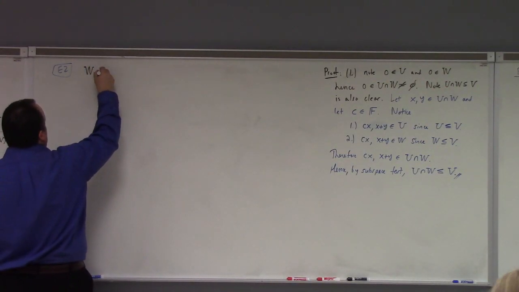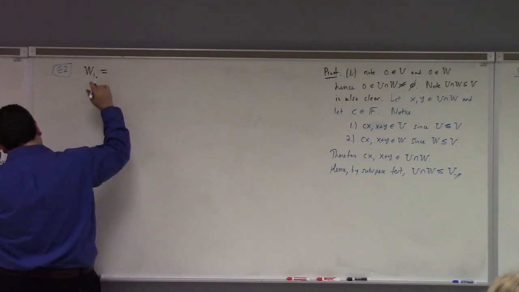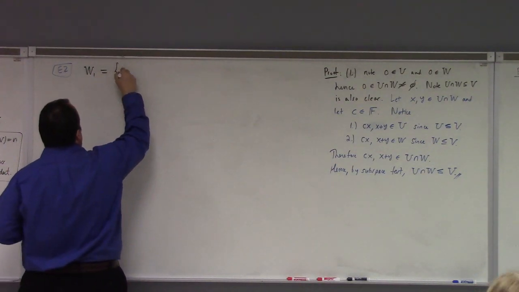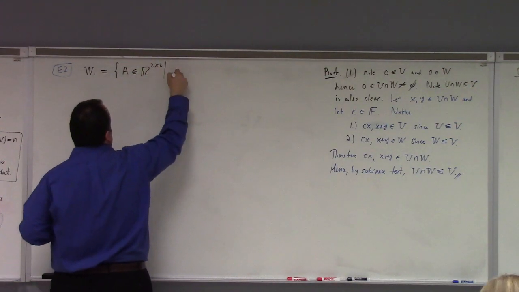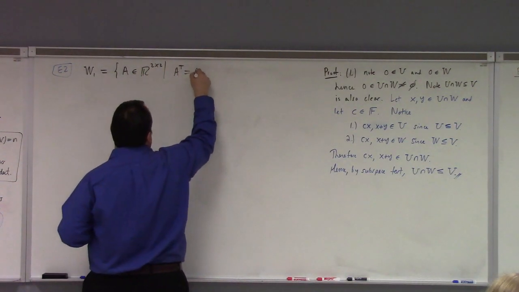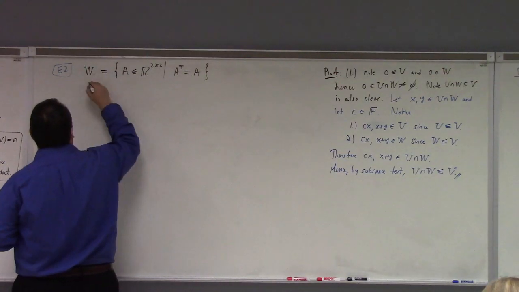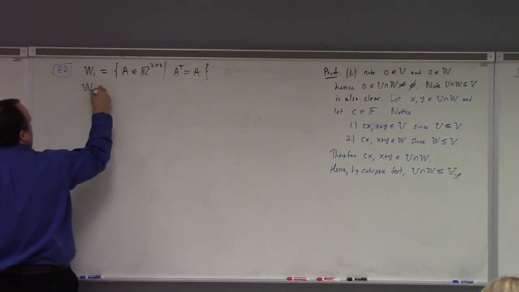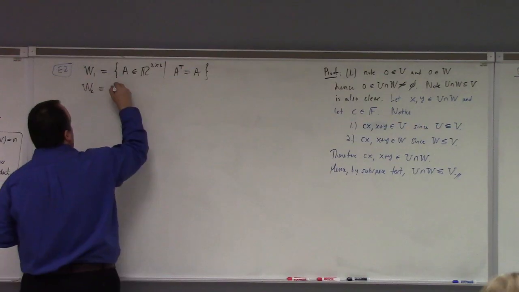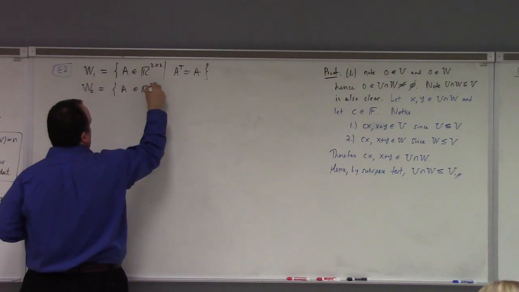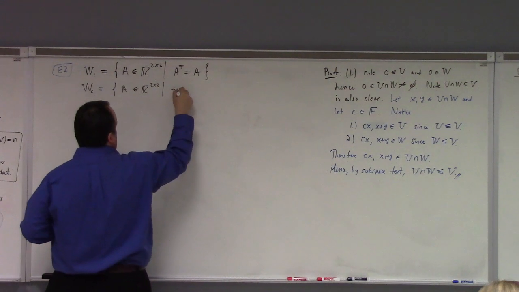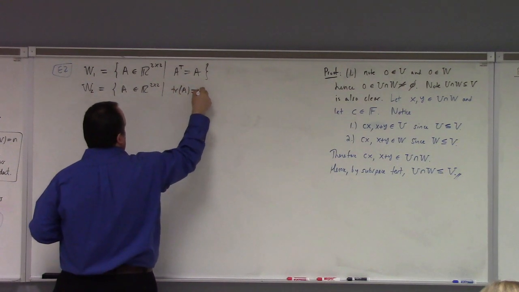So like W1 equal to, let's say, A in R^(2 by 2), such that A transpose equals A. And we'll look at W2 equal to A in R^(2 by 2), such that the trace of A is equal to 0.